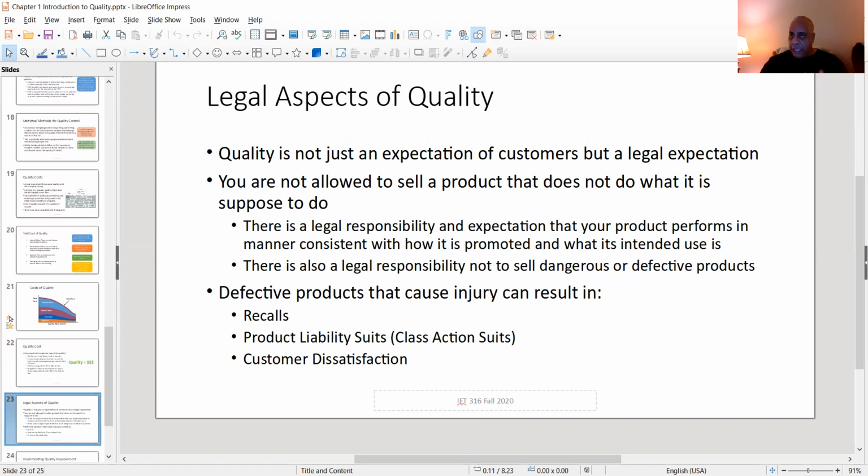There is also a legal responsibility not to sell dangerous or defective products. Defective products that cause injury can result in recalls, product liability suits, or what we call class action suits, and of course, customer dissatisfaction.